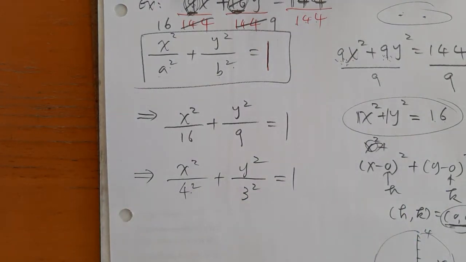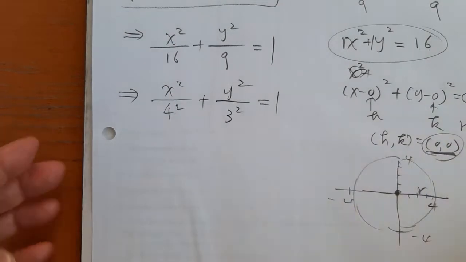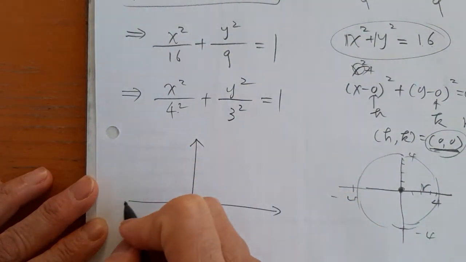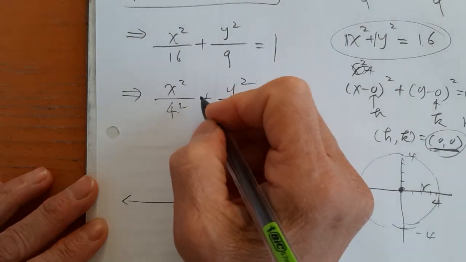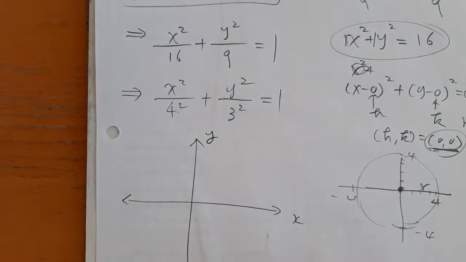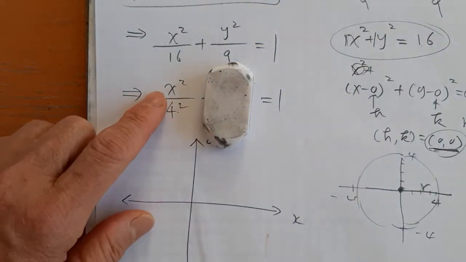Now we can draw the graph. So it's x-axis, y-axis. If y equals 0, then you don't have this term, and you solve for x.